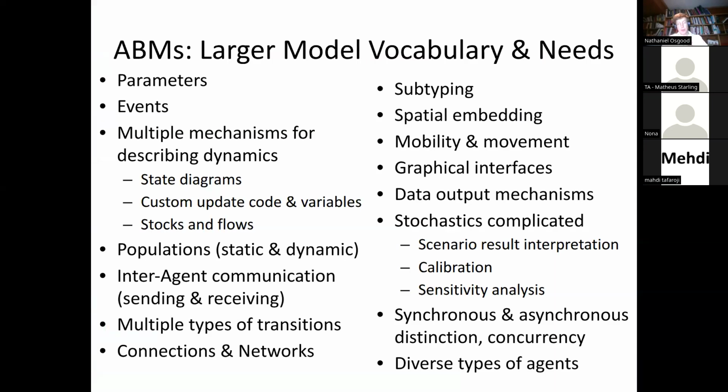Now, ABMs compared to other forms of modeling, certainly stock and flow modeling in system dynamics or compartmental modeling, but also discrete event, have smaller vocabularies. Even discrete event has a somewhat smaller vocabulary. Agent-based modeling is very flexible.